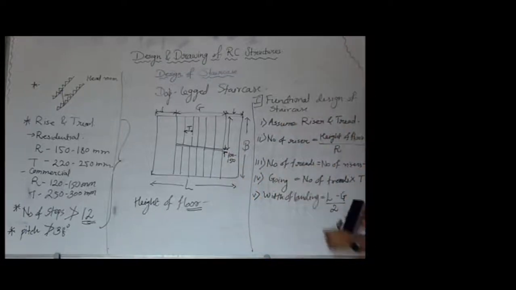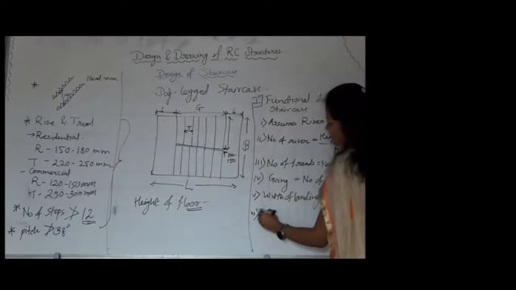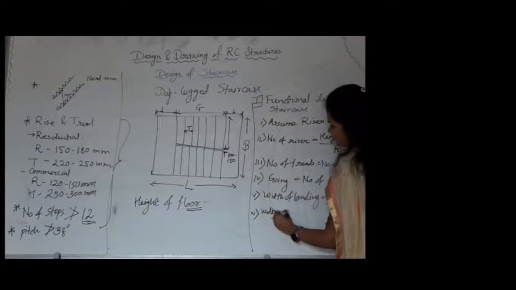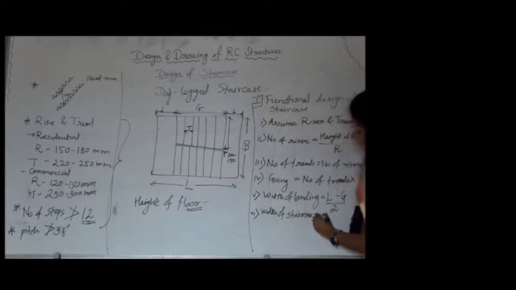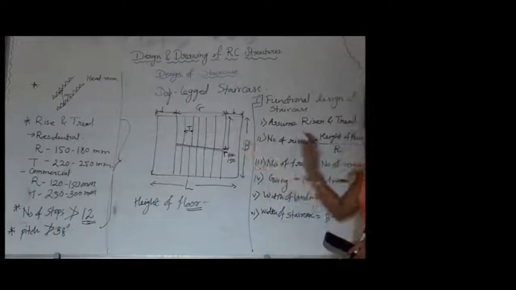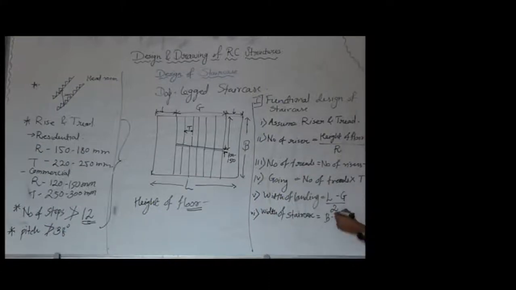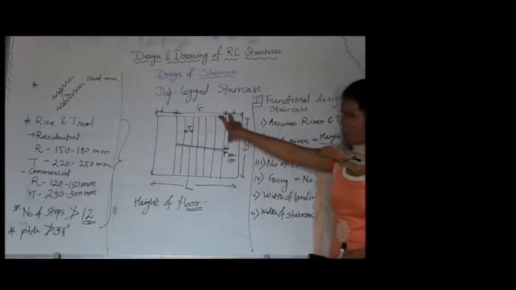So, with the help of this we can find out next the width of staircase, which will be equal to total width B minus, we will assume certain distance depending upon the dimension of the width. So, here if I am taking 100 mm, so (B minus 100) divided by 2, we will get the dimension of the staircase width.